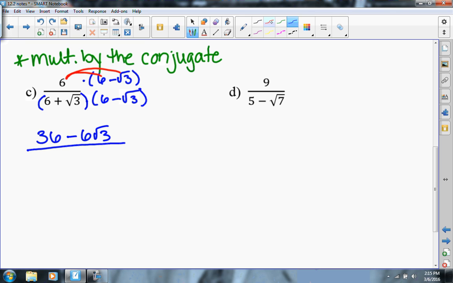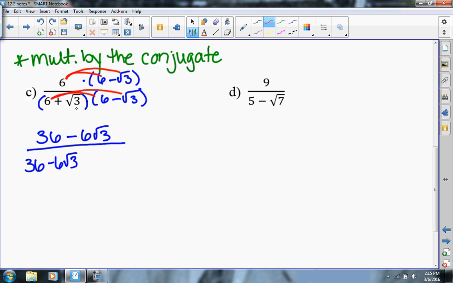Now in the denominator, I'm going to do that double distribution. So I'm going to take the 6 times the 6, and then the 6 times the negative square root 3. So 6 times 6 is 36, and then I'm going to have minus 6 square root 3. So it just happens to look similar to my first terms in my numerator here, but that's just coincidence for now.